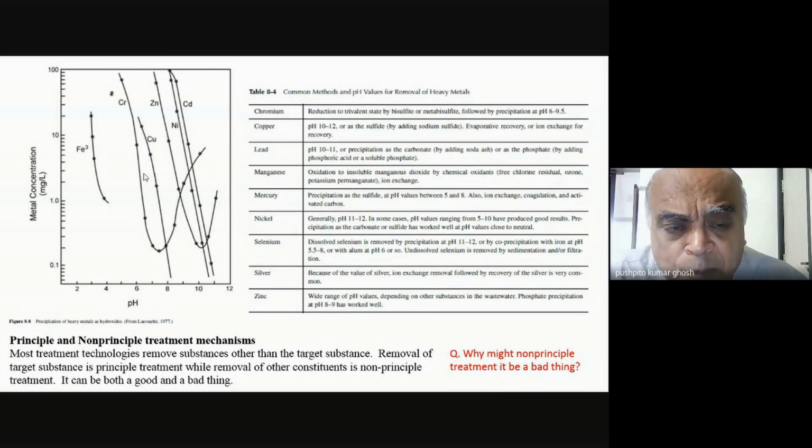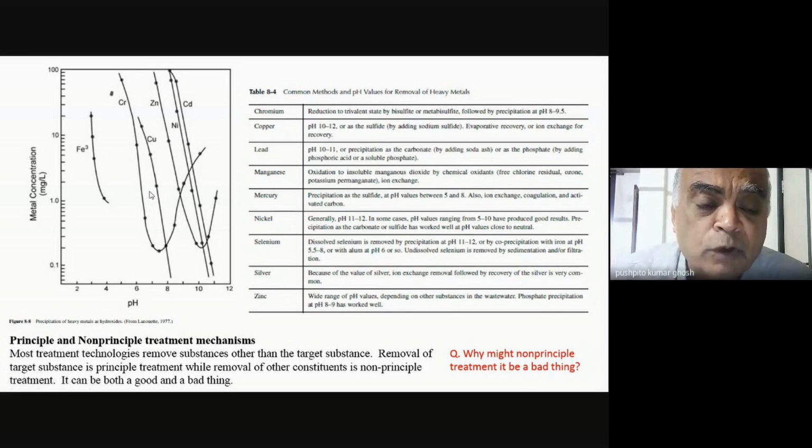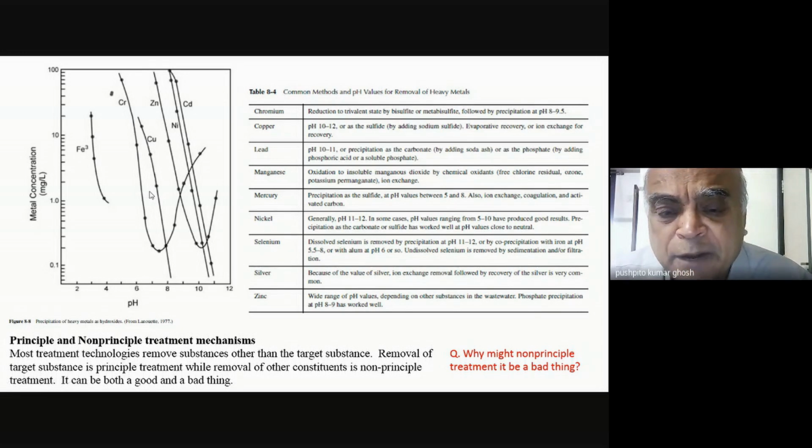But the problem could also be that suppose I could have only taken out chromium, or let's say in another situation, if I could have only taken out copper, then I might be able to sell that copper. I might actually get some value from converting that impurity into a useful material. But if it is all mixed up, chromium, copper, zinc, then again I'll have to do another separation and nobody might want to buy it.